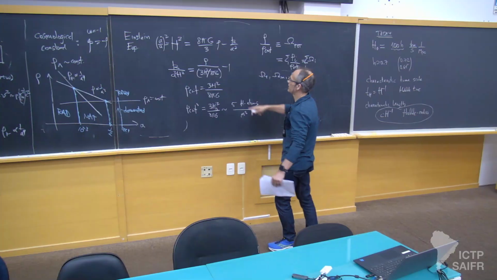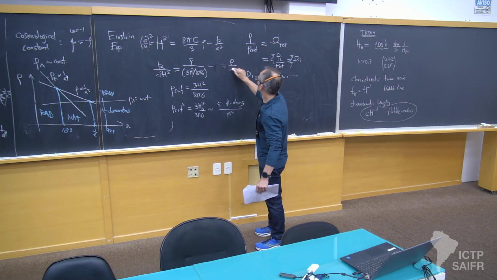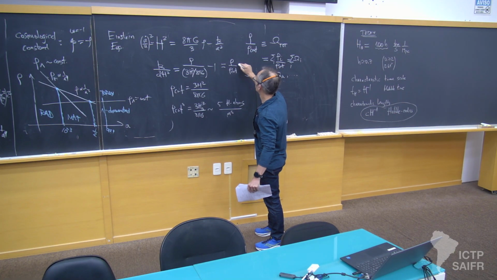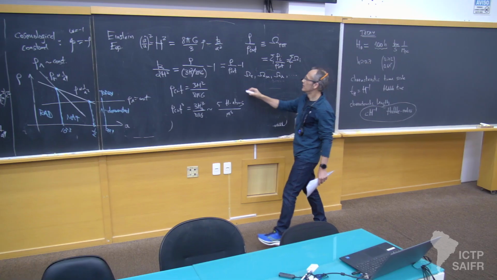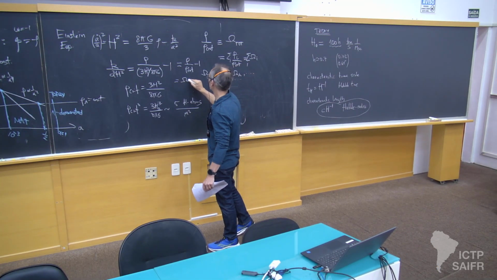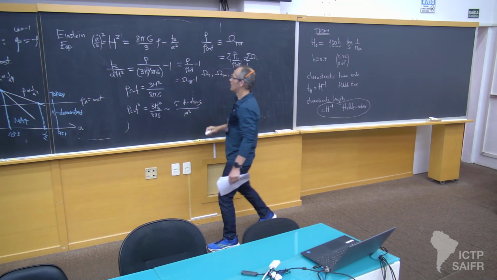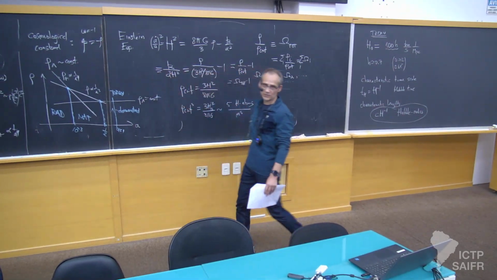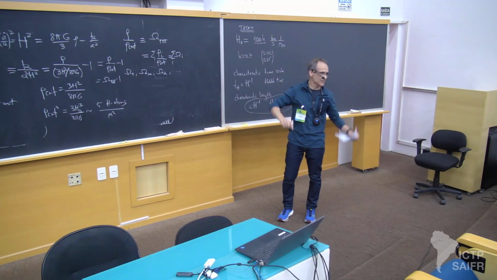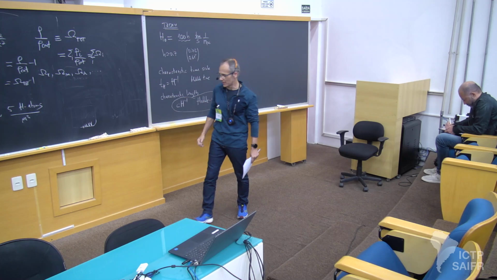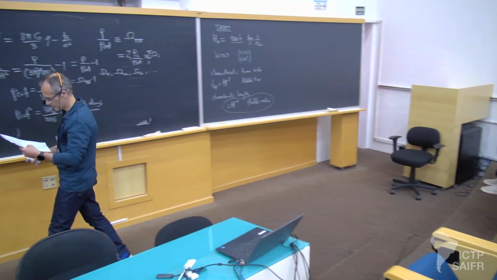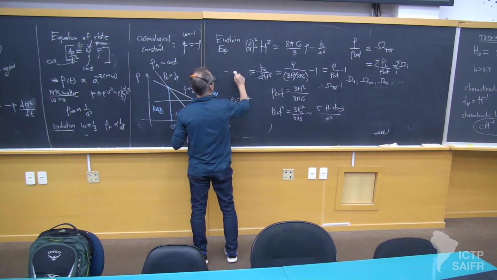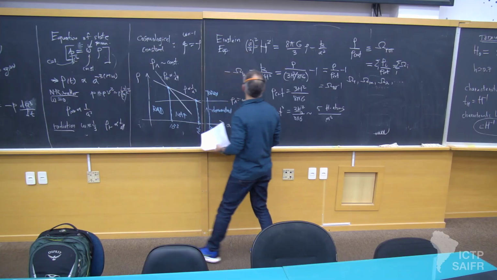Now, since we wrote this in this way, this is just omega total minus 1. Some people like to define the curvature as if it were another contribution to the energy density. So we can define this thing as minus omega curvature.